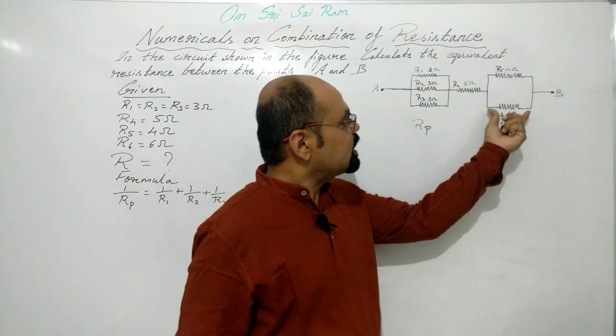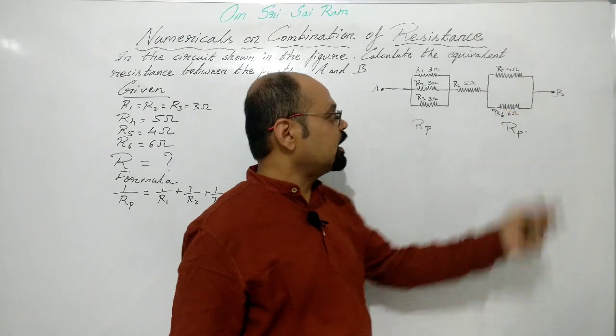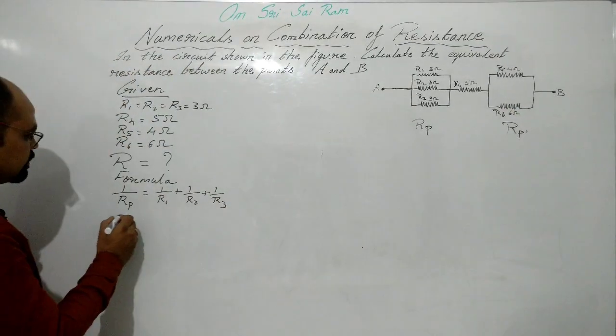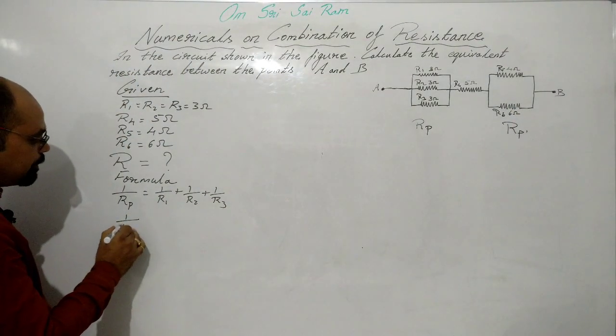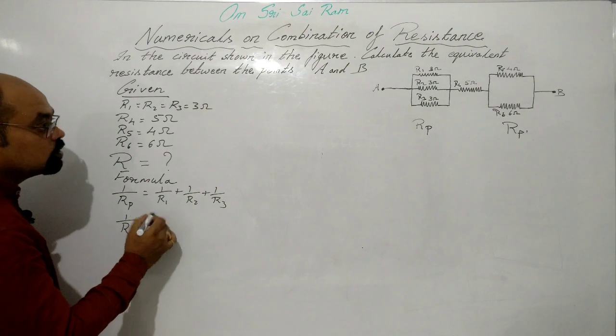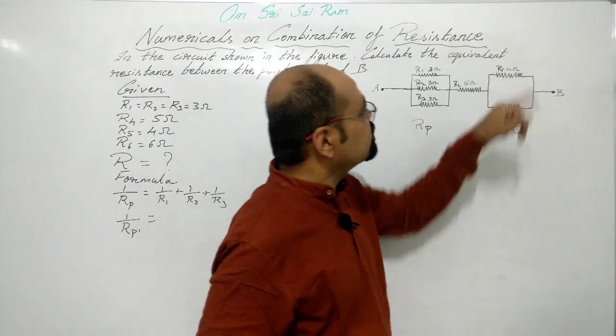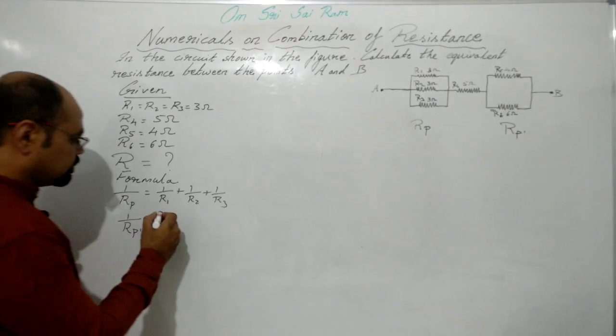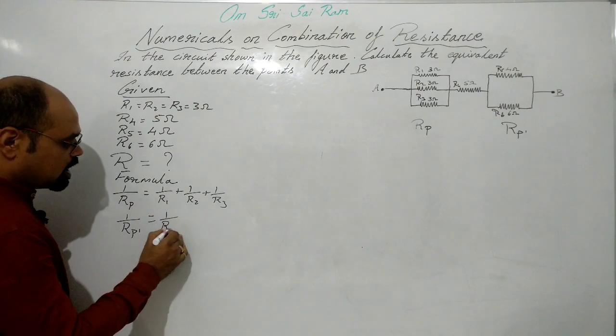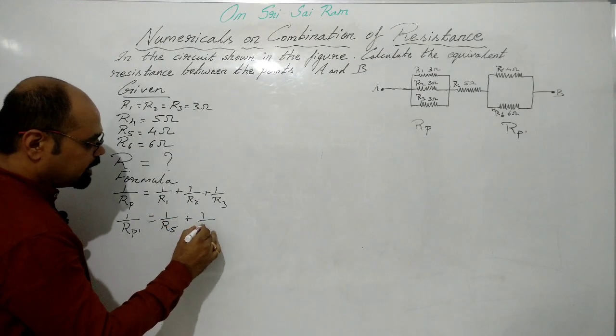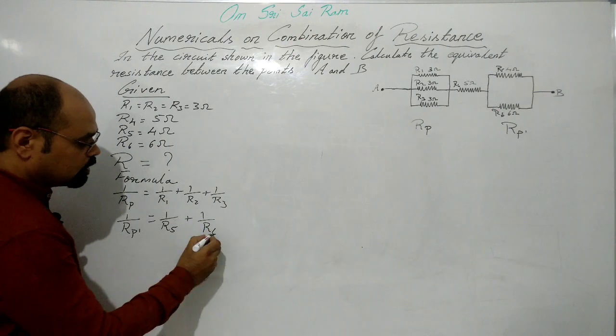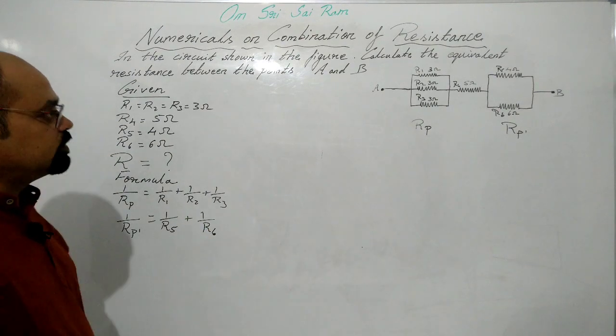Now the other 2 resistors are also connected in parallel, so let's take that as 1 by Rp dash. Those 2 resistors are R5 and R6, so 1 by Rp dash is equal to 1 by R5 plus 1 by R6.